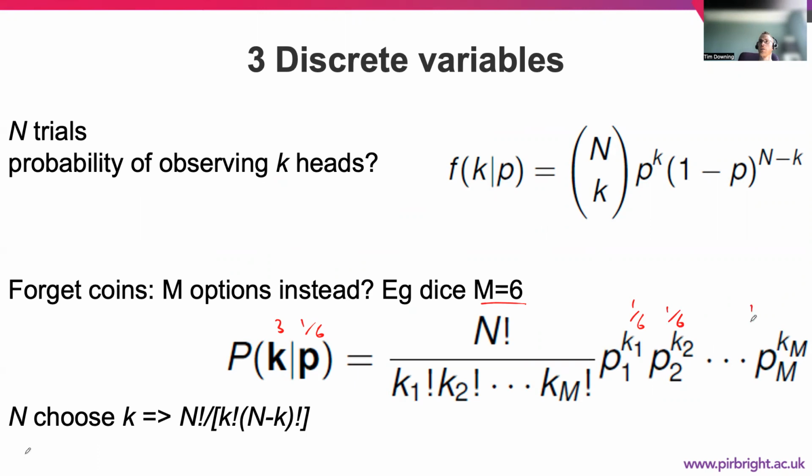These are all 1/6, raised to the power of the values of k for our set of observations. So multinomials are just an expansion of binomial probability.